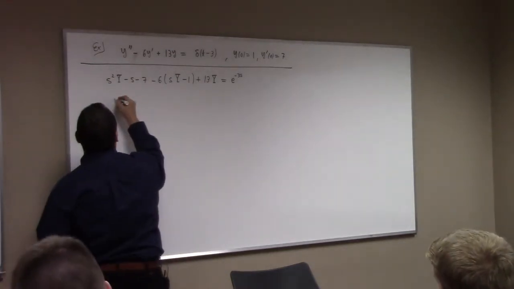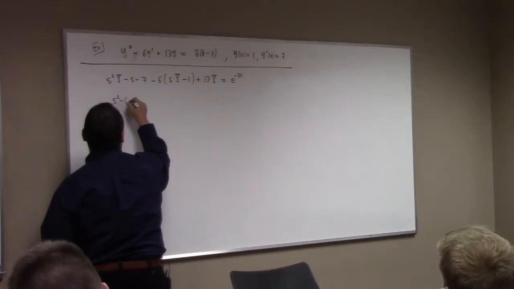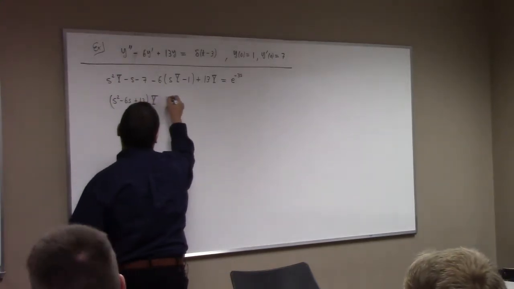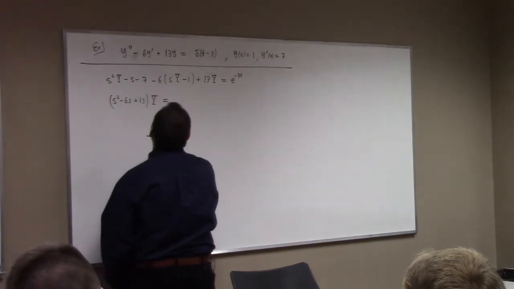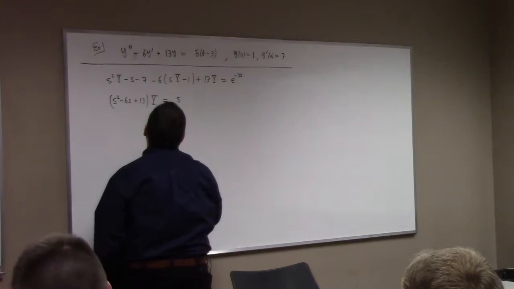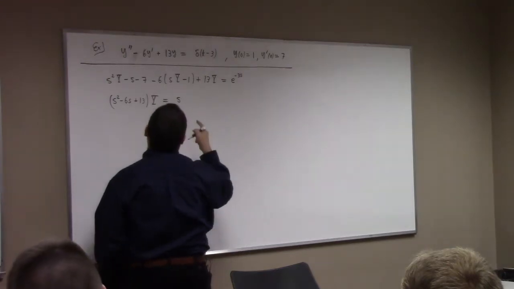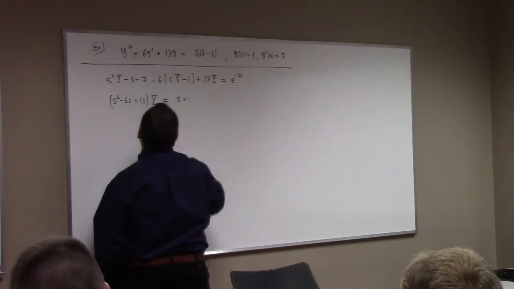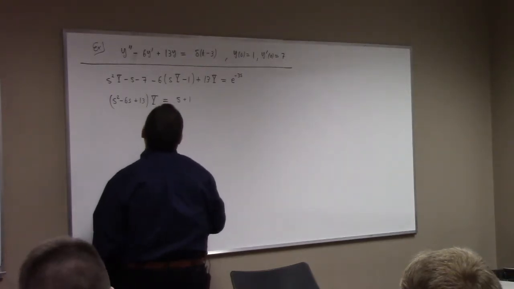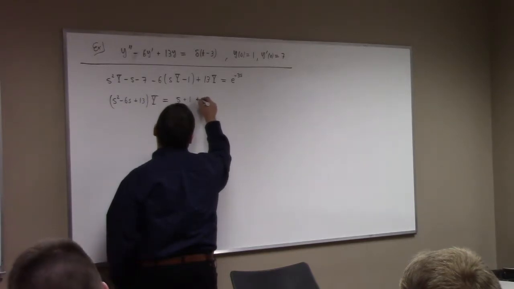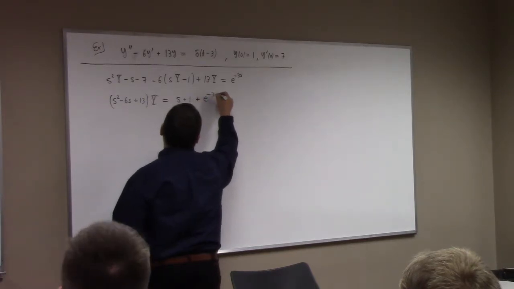I've got my s squared minus 6s plus 13 times big Y equals an s, and a minus 7 plus a 6, which gives me a net of minus 1, so plus 1, and plus e to the minus 3s.